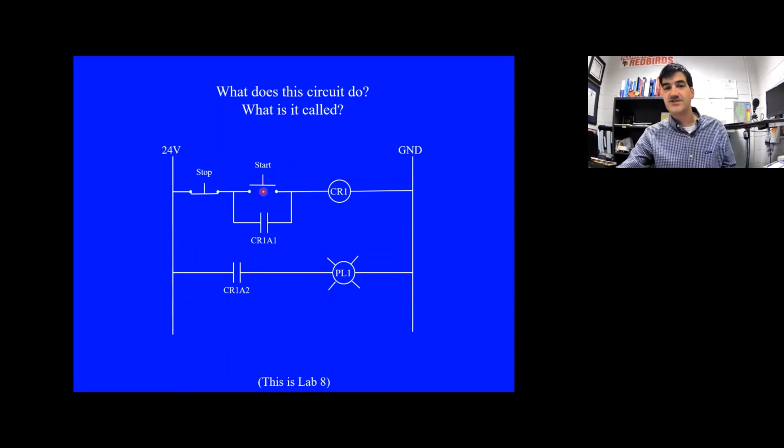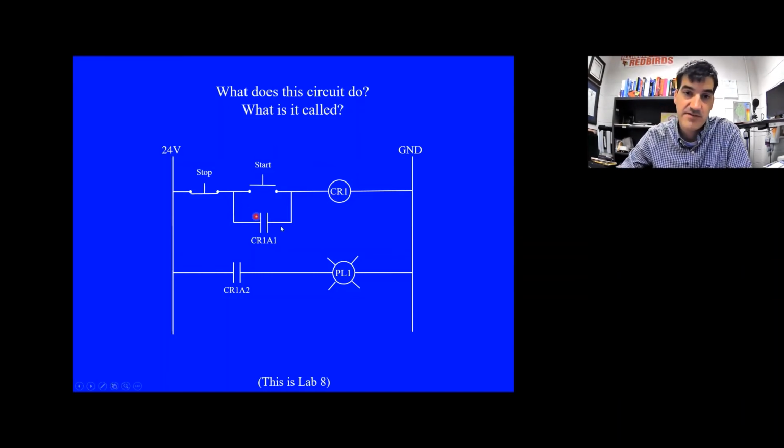But what happens if I don't press stop, but I press start? That's where something interesting will happen. When I press start, as soon as I press start, I get continuity through here, from here to here. So current is going to flow from here to here, and then it's going to energize the coil, that's this, of CR1. And so now all normally open contacts associated with CR1 will close, and all normally closed contacts associated with CR1 will open.